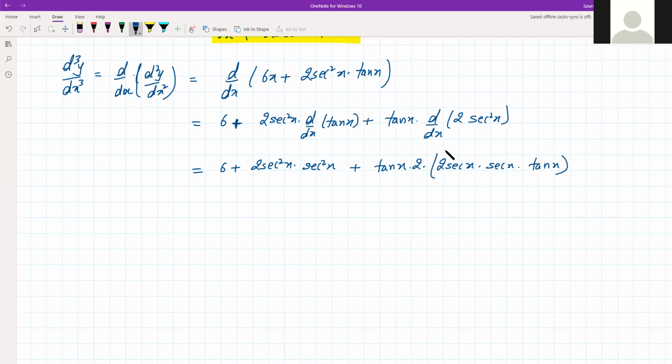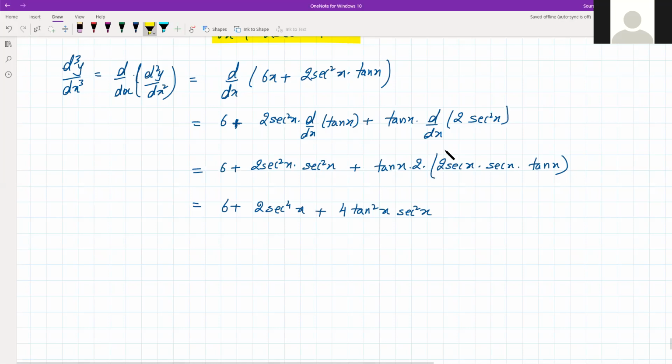So now this complete expression is 6 plus 2 secant to the power 4 x plus 4 tan square x secant square x. Right, so that is the final answer.